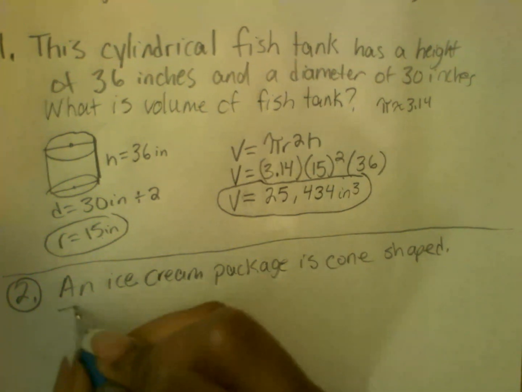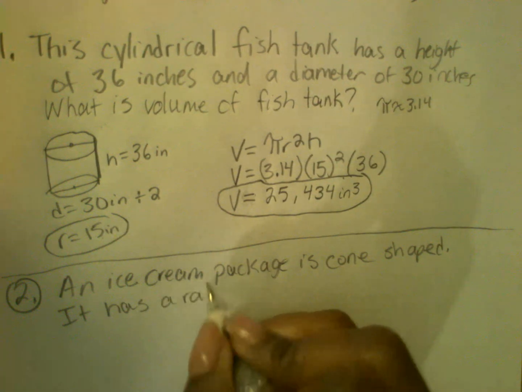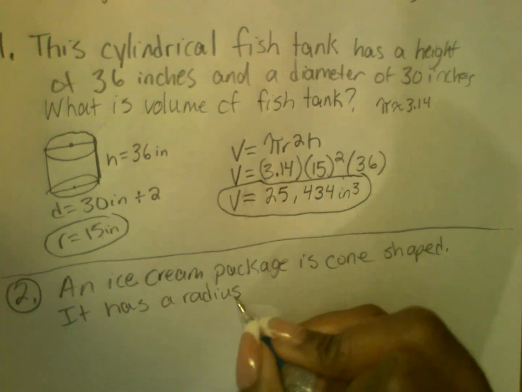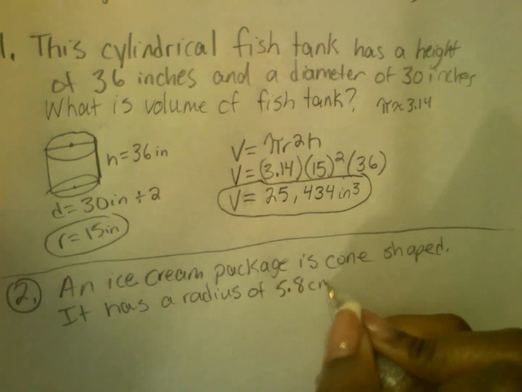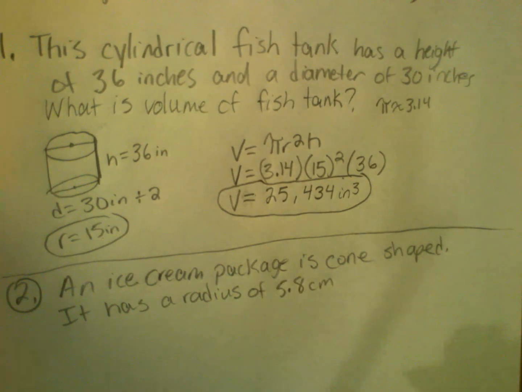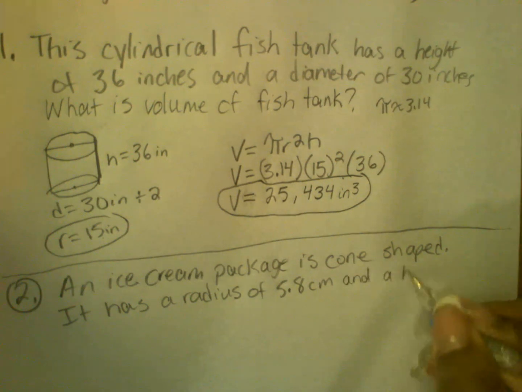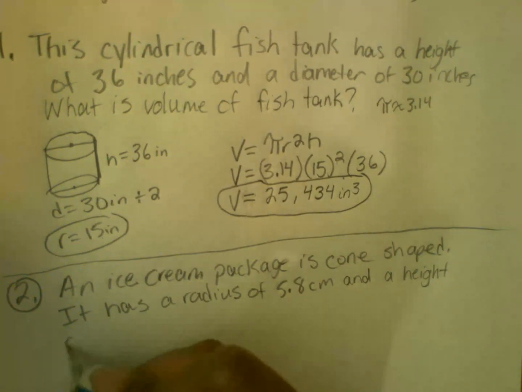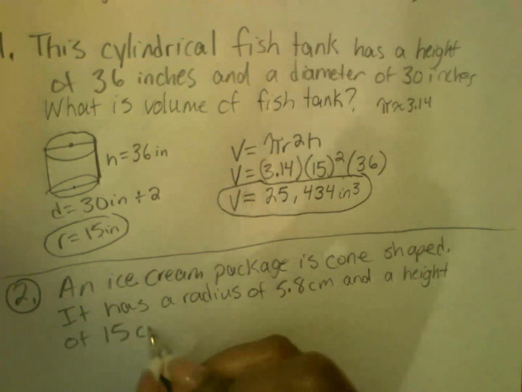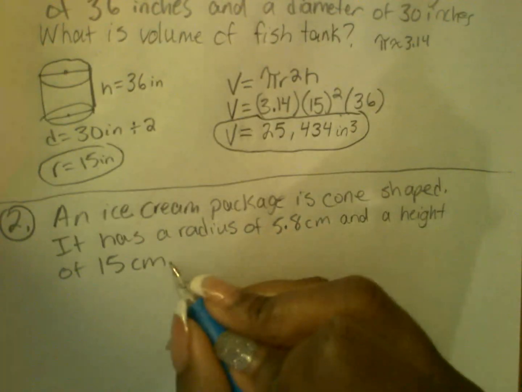It has a radius of 5.8 centimeters. Okay. And the height of it of 15 centimeters. Find the volume of the ice cream cone. How much ice cream can you fit in that cone?